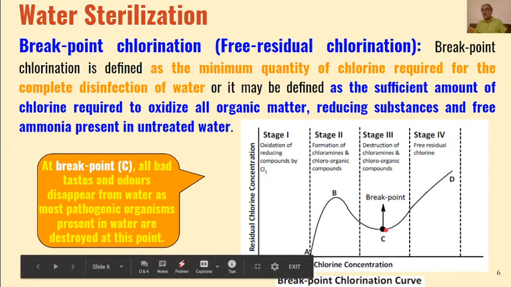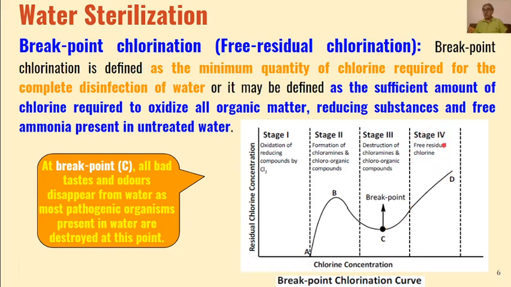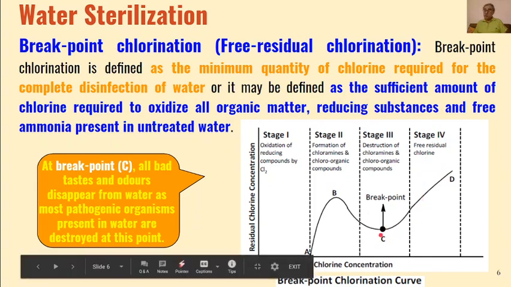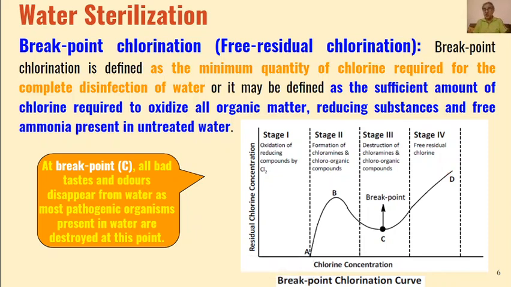So beyond this point, from C onwards, any chlorine present is excess chlorine, which is called free residual chlorine. So knowing the value of C, that is the breakpoint chlorination, is very important, because beyond this point, any chlorine present, any HOCl present, any hypochlorite ion present will be an excess in the treated water.